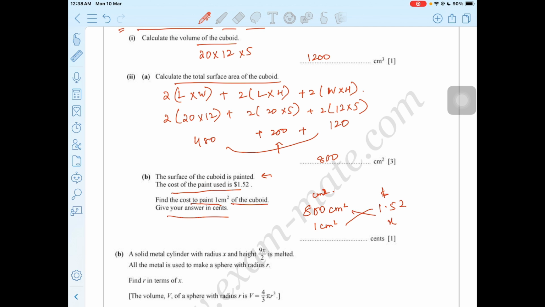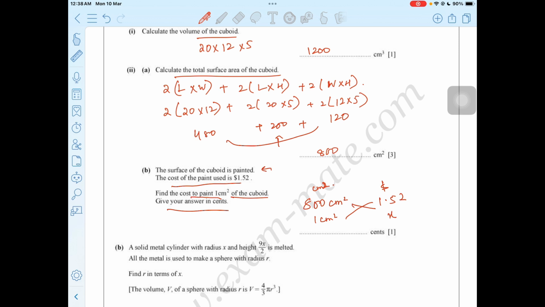So this would be 1.52 divided by 800, right? So this would be 0.0019. Okay, since we need to give our answer in cents, our cents would be 0.19 because this is multiplied by 100 to get our cents, right? So this would be 0.19 cents.